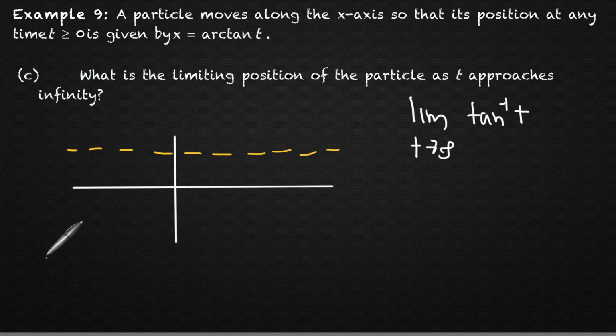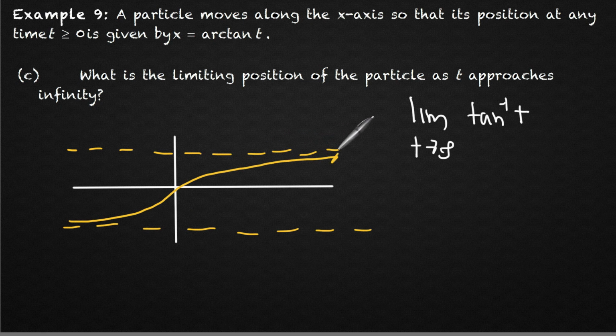The inverse tangent actually has two horizontal asymptotes, and it's stuck between them. The reason is that the regular tangent has vertical asymptotes. So essentially the inverse tangent looks something like this, and the horizontal asymptotes are located at pi over 2 and negative pi over 2.